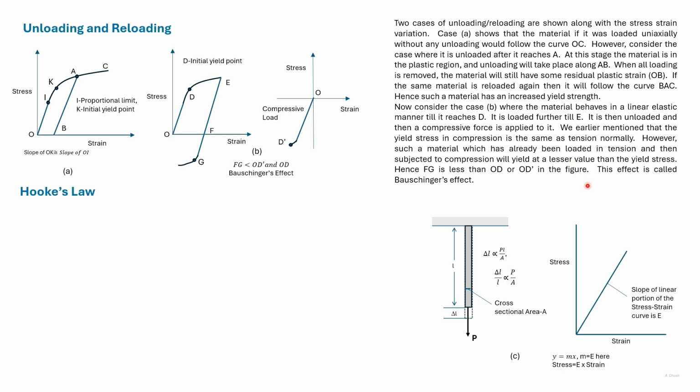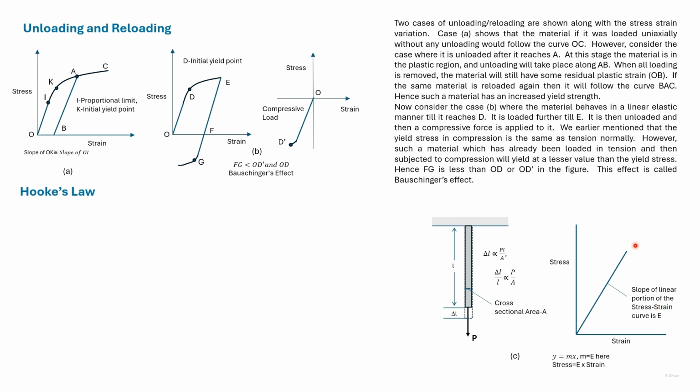Due to the fact that strain is proportional to stress, when we plot a stress-strain curve, we get a linear line. The slope of this line is denoted as E. It is called the modulus of elasticity or Young's modulus.